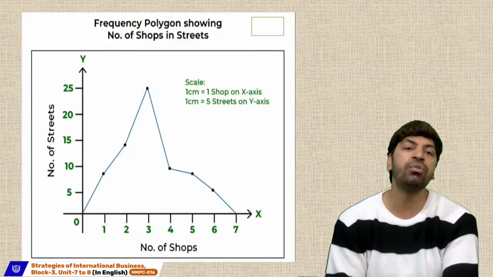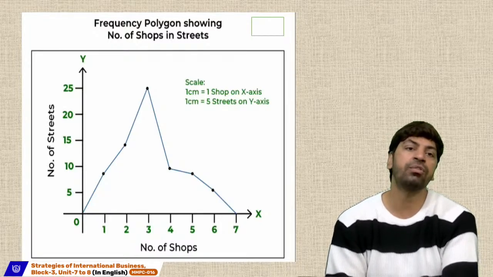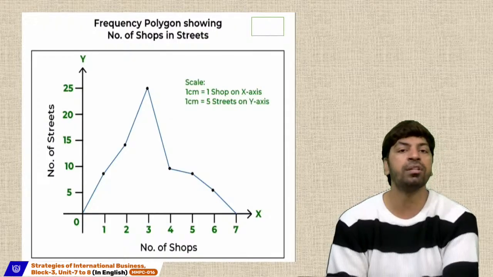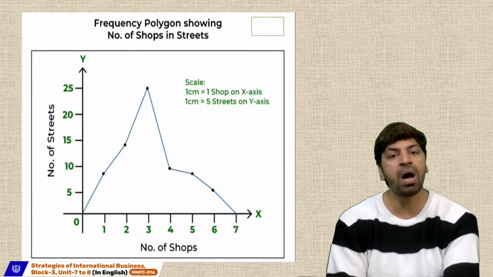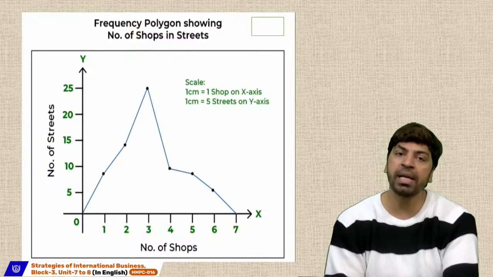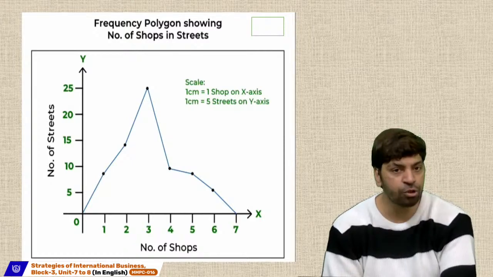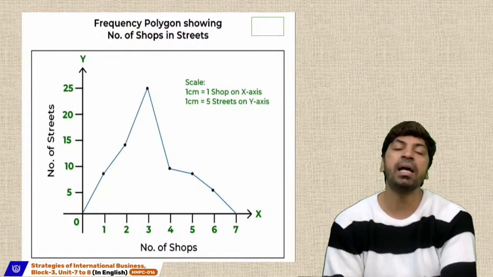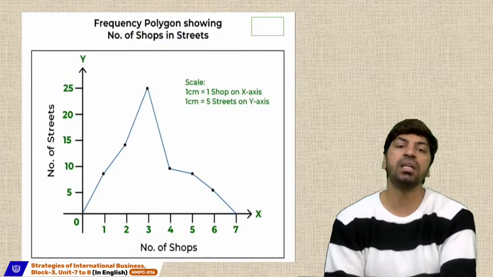It begins from 0 to 8, then for 1 it could be 14, on 3 it could be 25. So accordingly you just mark the points, and once you mark the points of all of the shops, you just draw the straight lines by connecting them. That is exactly called a frequency polygon.